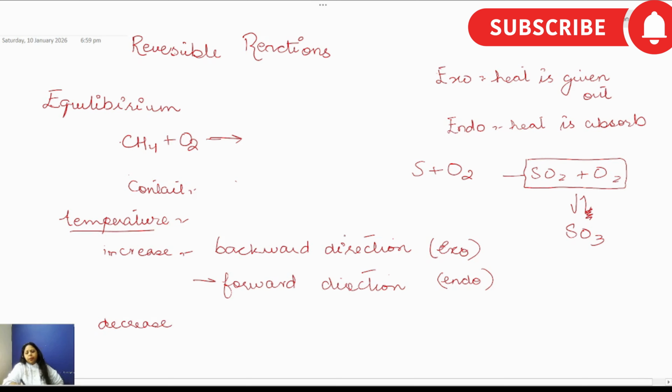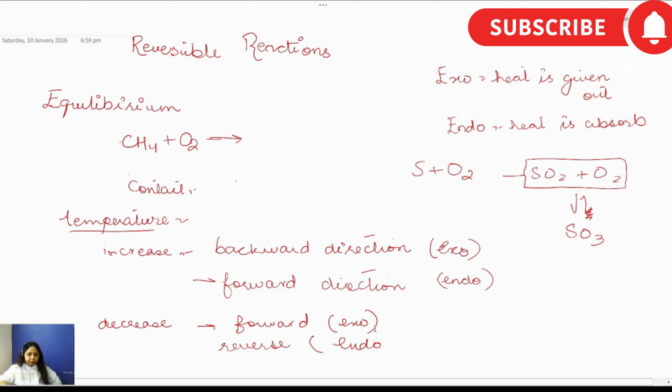If we are decreasing the temperature of an exothermic reaction, the equilibrium will shift forward. And if we decrease the temperature for endothermic, it would move in reverse. Correct. Forward for exo and reverse for endo.